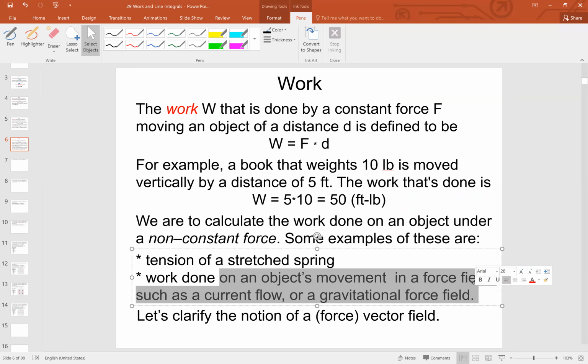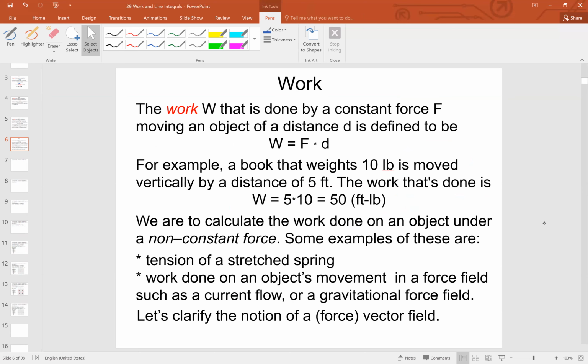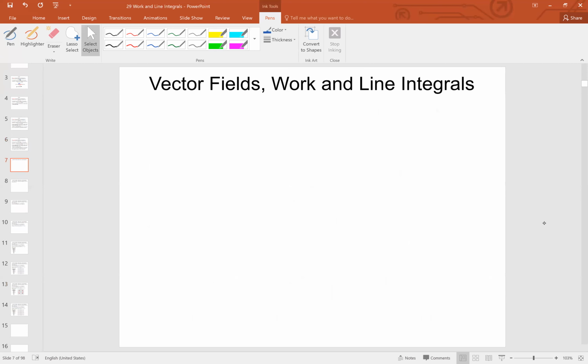Suppose, for instance, we have a current which has different flow in different directions with different force, and we try to swim in the current from one point to another, or the current pushes something from one point to another. How much work is done by the current? As the current has different force at different positions, we need a representation for force. Hence, we have this notion of a vector field.